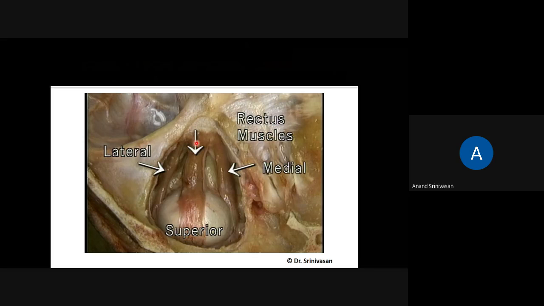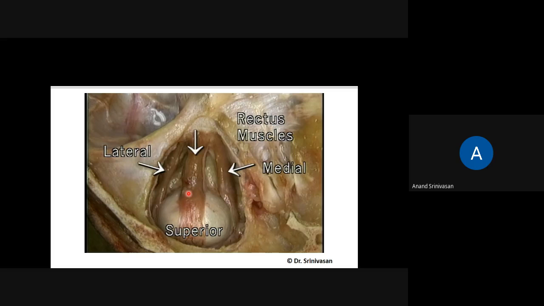This is the medial side where the nose is present, so this is the medial rectus and this is the lateral rectus. Where is the inferior rectus? We are unable to see it because it is present below.